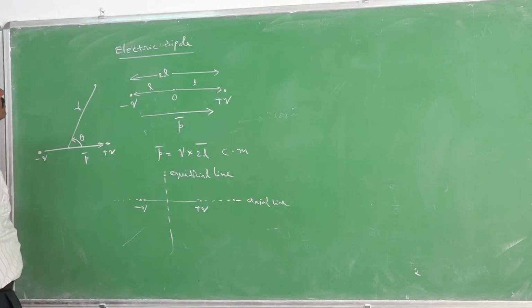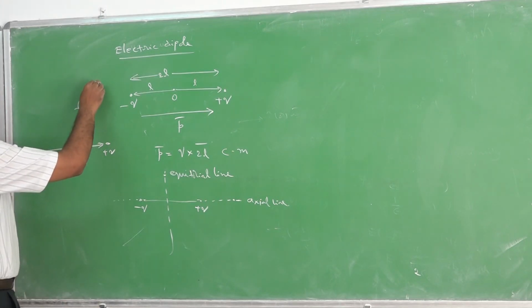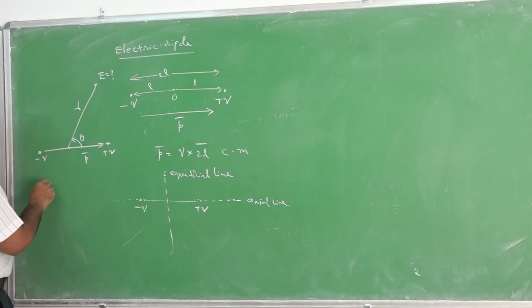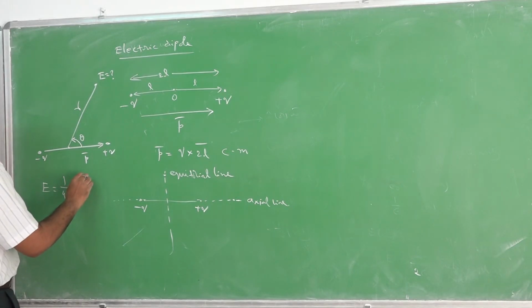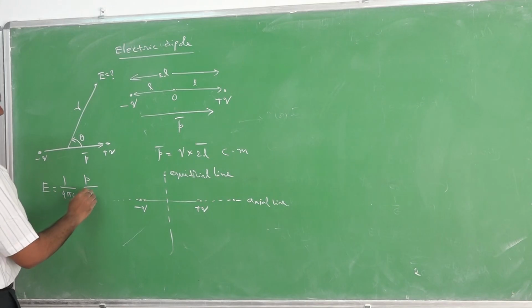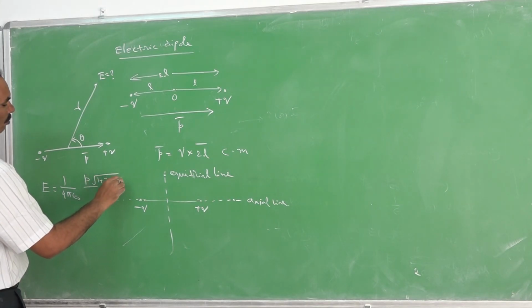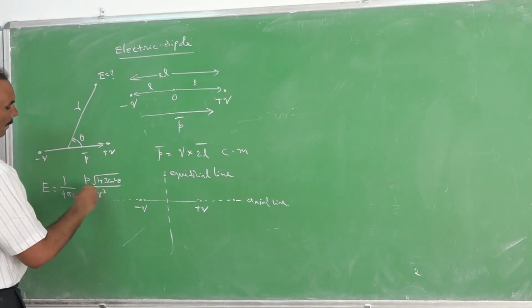At this point, the electric field strength, we already discussed the derivation and I am not discussing it here, is 1 by 4 pi epsilon naught, p into root of 1 plus 3 cos square theta, by r cube.